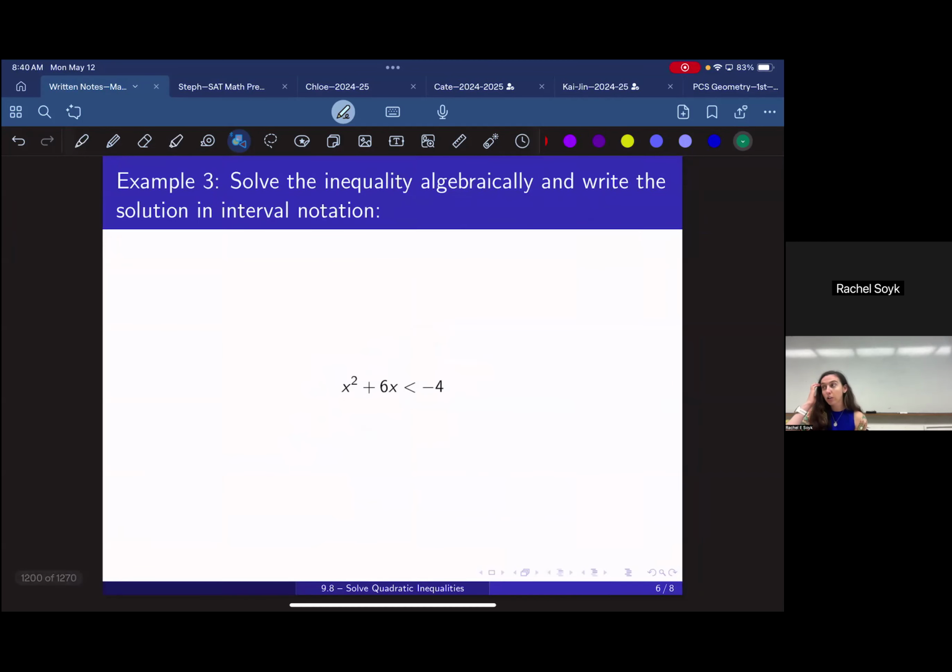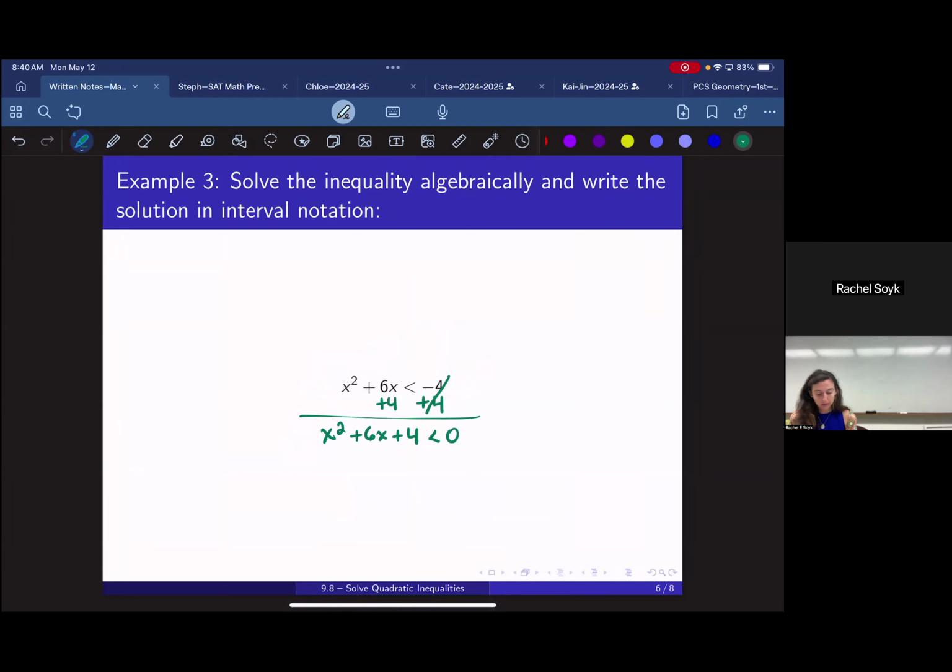Okay, let's try example 3 together. Once again, we want to move everything to that left-hand side. So we're looking at x squared plus 6x plus 4 is less than 0. And then we want to ask ourselves, can we factor this?